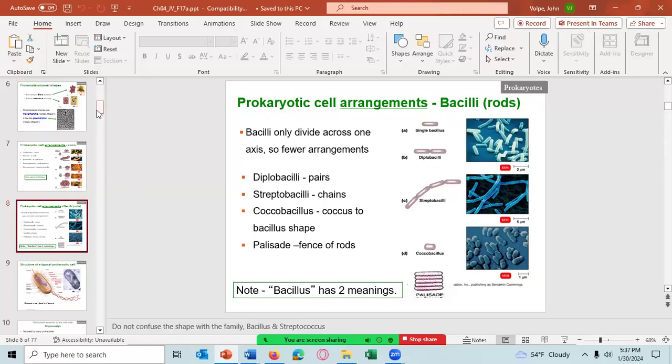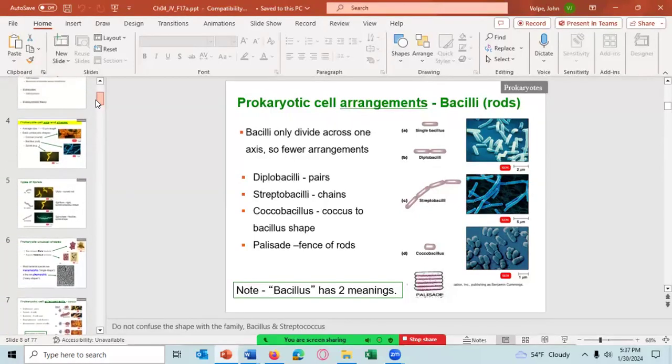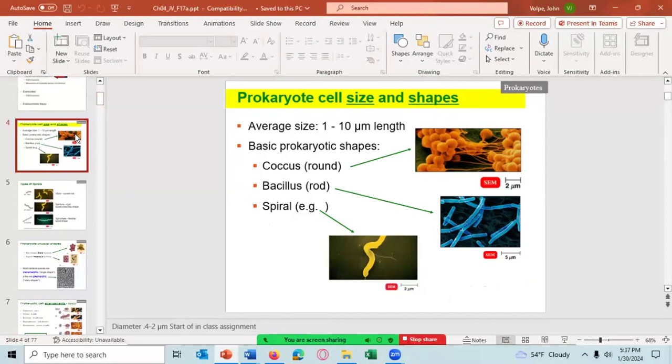It's a shape in between a bacillus and a coccus. If you have a rounded bacillus, meaning the edges around it, and then you get the cell smaller and smaller, you'll eventually get a coccobacillus, a shape that's similar to a coccus, but a little bit elongated. Any question about any of that?